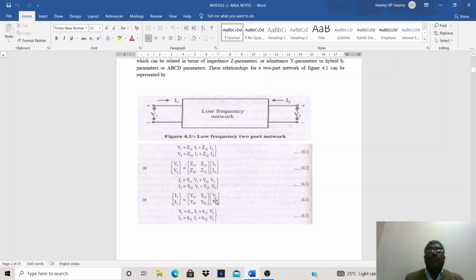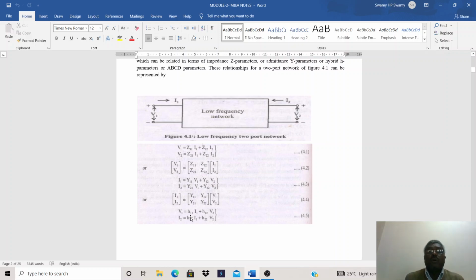Now V1 is equal to H11 I1 plus H12 V2, and I2 is equal to H21 I1 plus H22 V2. H11, H12, H21 and H22 are the hybrid parameters with respect to the corresponding two ports.